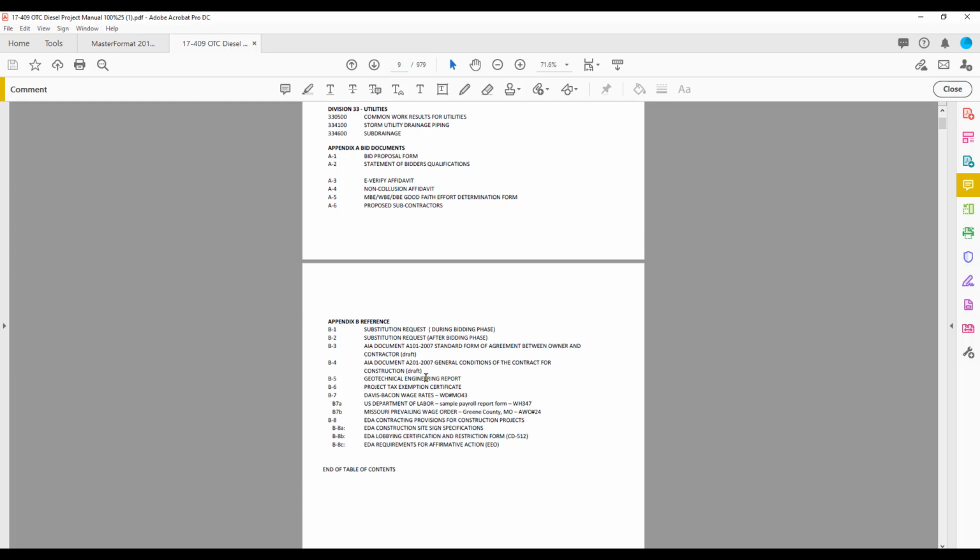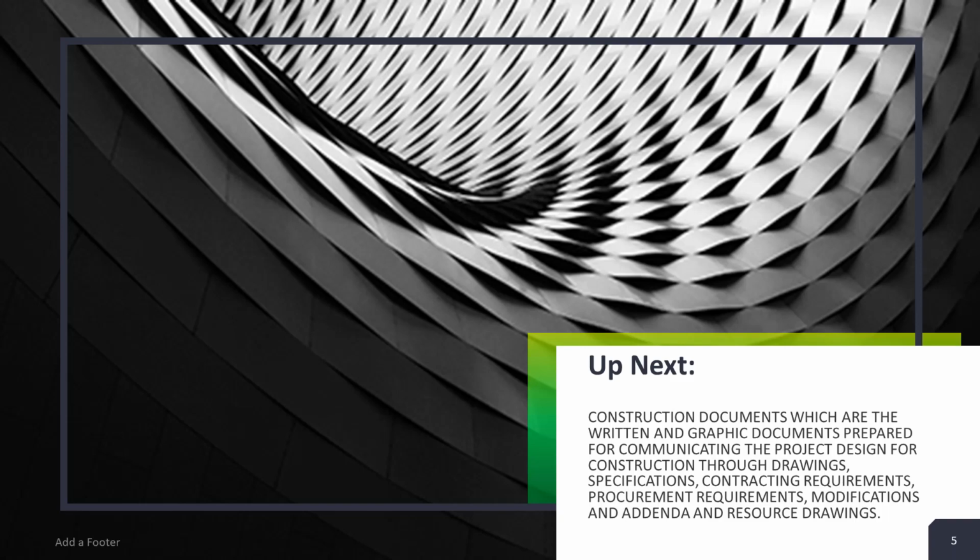And the U.S. Department of Labor has a particular payroll form, the Missouri prevailing wage. Let me back up. The Davis-Bacon wage rates are the federal, so you have to go with whichever is higher. The EDA information, because there was money provided by the government for that. So again, you're going to be responsible for looking through all of those. Next, we will be looking at the actual construction documents.